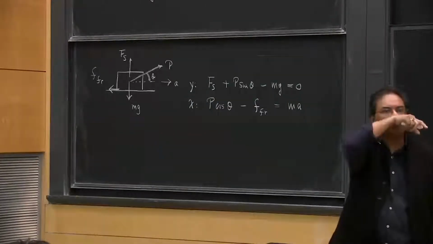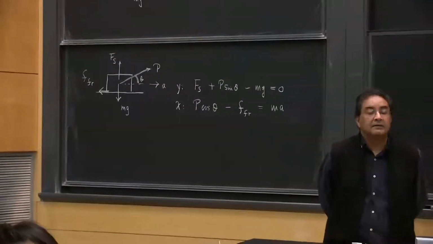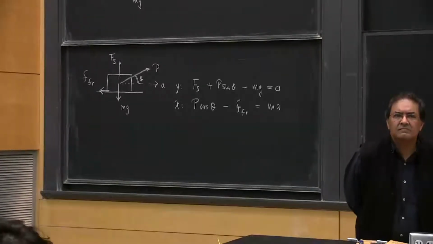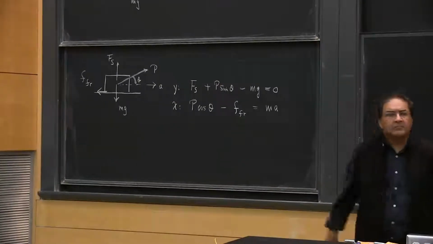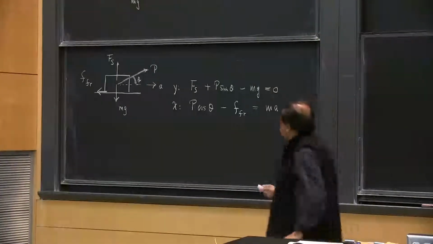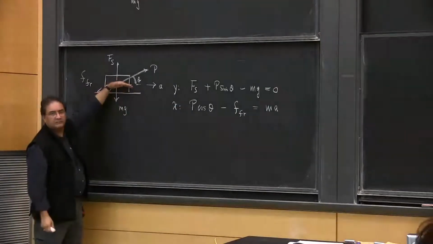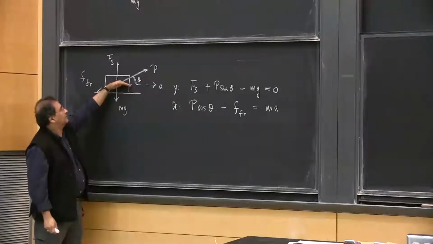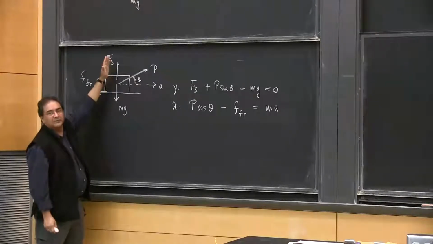I still don't understand your question. Basically what's happening is that if you apply the force this way, then Fs and mg are the same. If you apply the force that way, then your thing might go up even, or Fs will change, right?